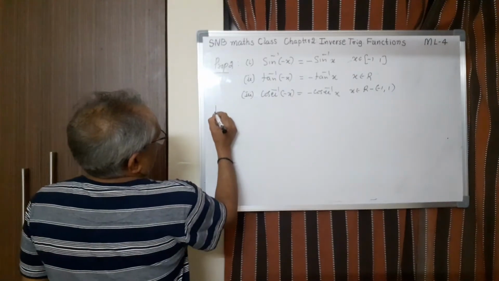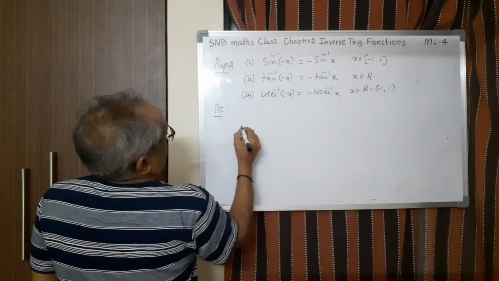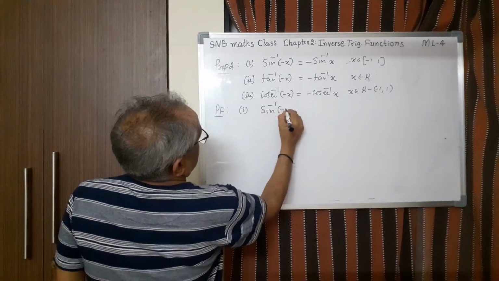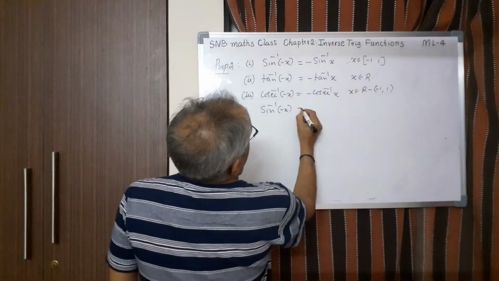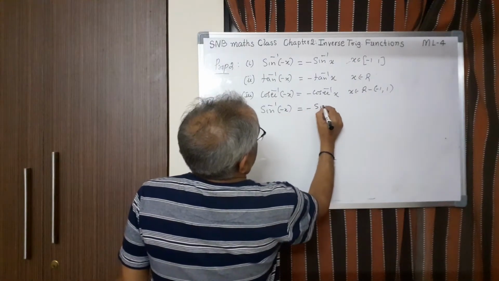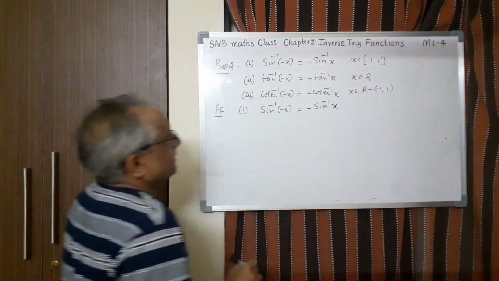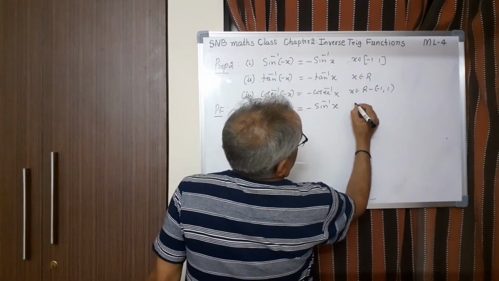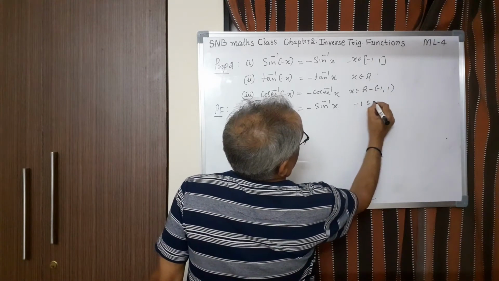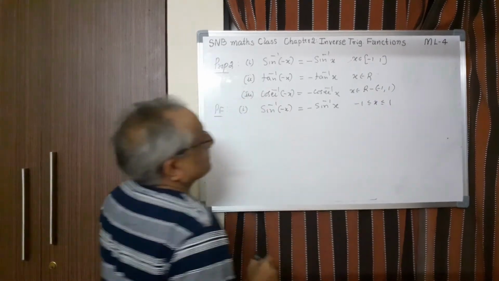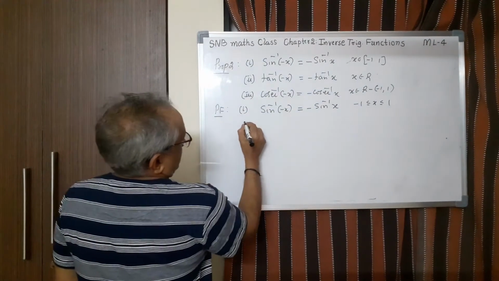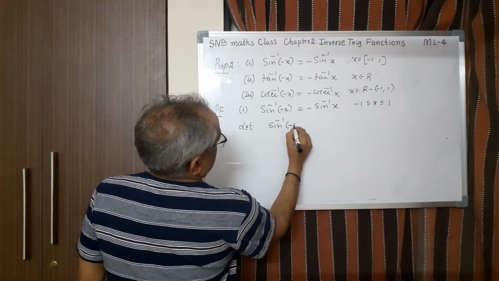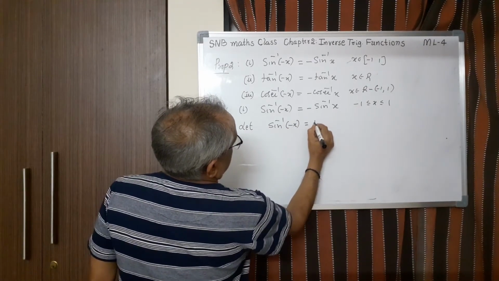So let us take the proof of the first one. Say first one is sine inverse of minus x equal to, I have to show minus sine inverse x. Of course, the condition is minus 1 less than x less than 1. So, let sine inverse of minus x equal to a.